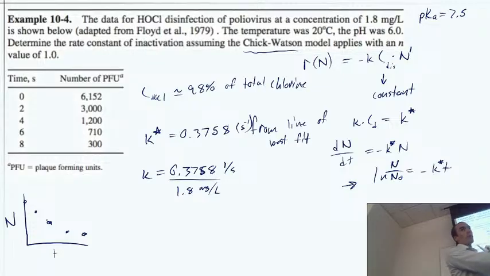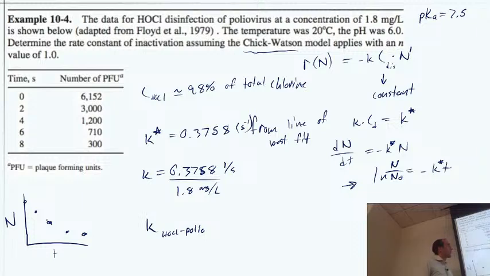It would be different if it was ozone. It would be different if it was adenovirus. This is specific to that pairing, right? So we might even say this is K for HOCl to polio, if we wanted to really be specific and say this is that particular rate constant.